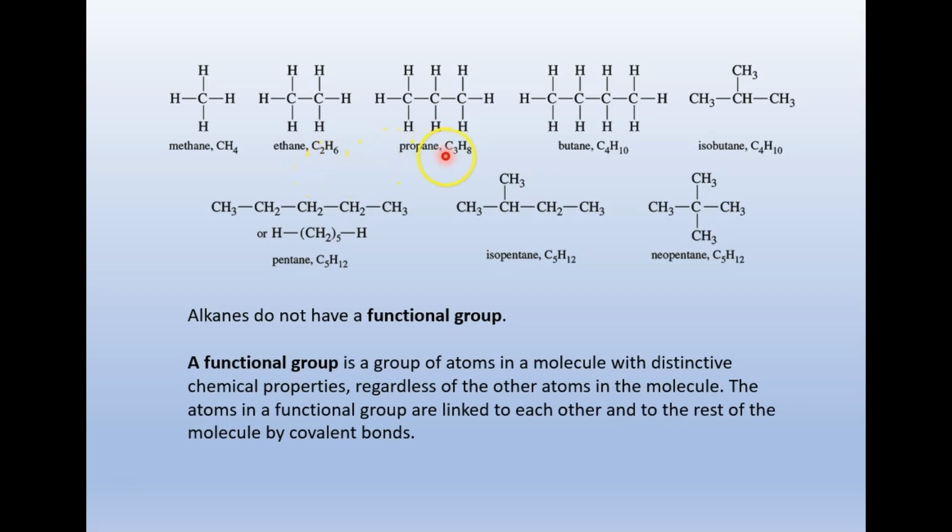So we can see these aren't condensed formulas. These are just the molecular formula. Methane, ethane, propane, butane, and then we got something going on. These first three have no constitutional isomers. How many ways can you connect one carbon? You can't.